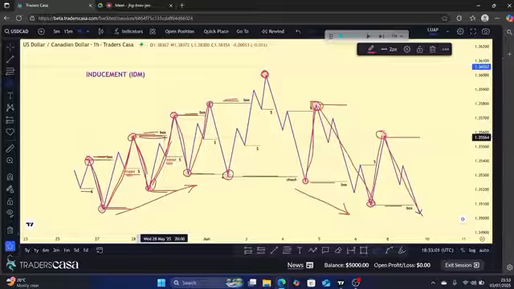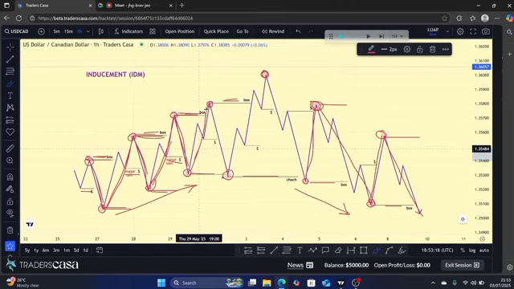So you can see the cycle is from the external liquidity, then internal range liquidity, then external range liquidity, and that's the same cycle. Also, you can see price retraces back for internal range liquidity, and after that reverses back for external range liquidity. This one here is external range liquidity.